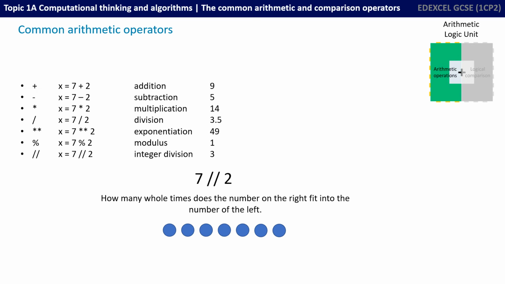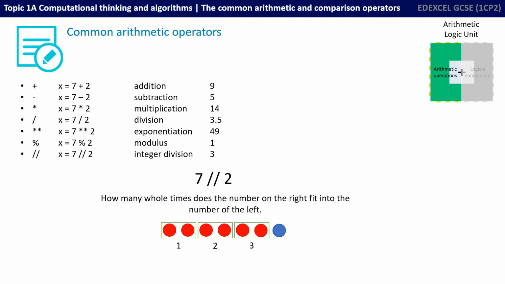Going alongside modulus is an arithmetic operator called integer division. Now, unlike normal division, we represent this with 2 forward slashes. So when you see 7 // 2, it means 7 integer divided by 2. Let's have a look at how that works.